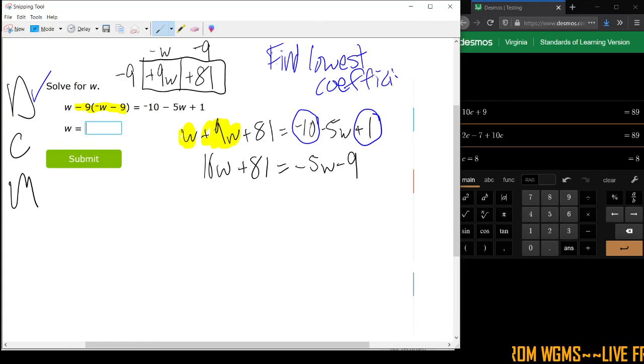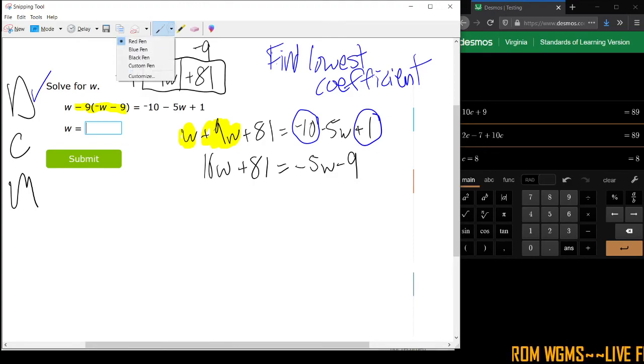Meaning I want to see which one is lowest. I want to see, okay, I have negative 5 or positive 10. Which is lower? Well, we would know that negative 5 is lower, and that is what we're going to add the opposite to both sides.